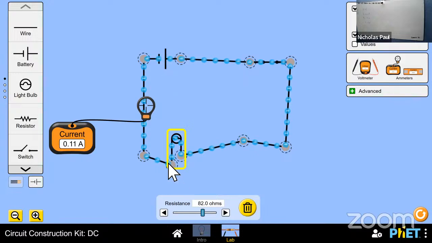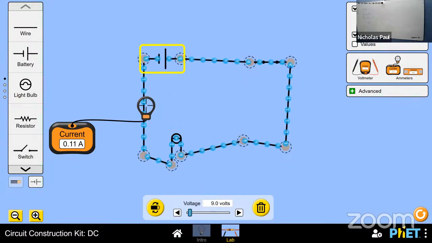Right, since you're okay with that, I am going to change the voltage now to about 50 volts. Current reading is 0.61. What do you think the resistance here is? Voltage is 50, current is 0.61. Tell me what you think the resistance is.